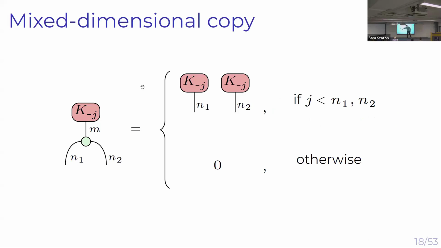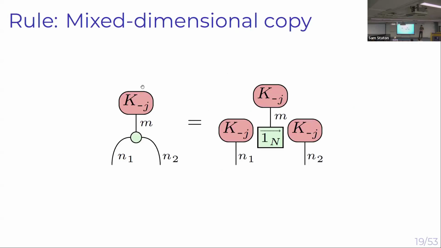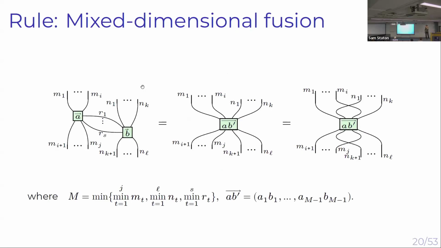Here, if you have some ket j and you want to copy it through to other kinds of dimensions, then you will get the copy if the computational basis state you copy is smaller than the output dimensions, because otherwise it doesn't make sense. Otherwise it's the scalar 0. And this can be expressed as the following diagram concisely.